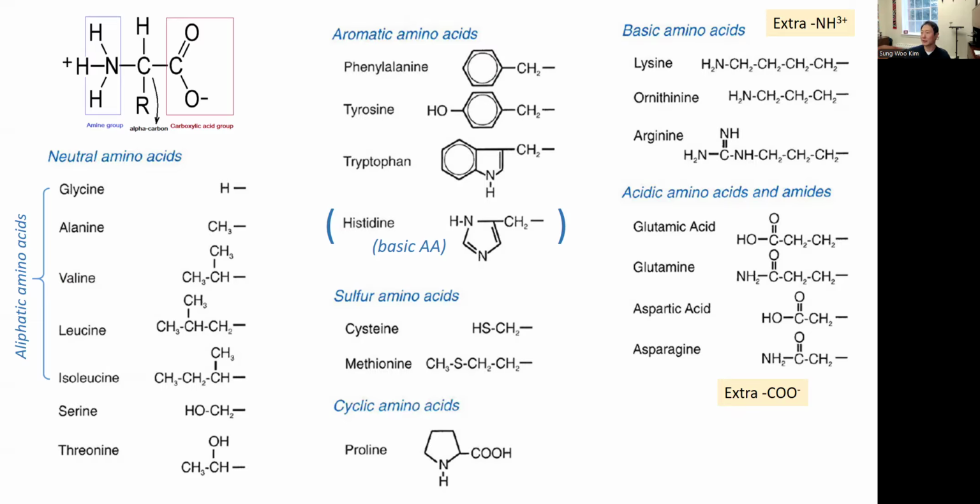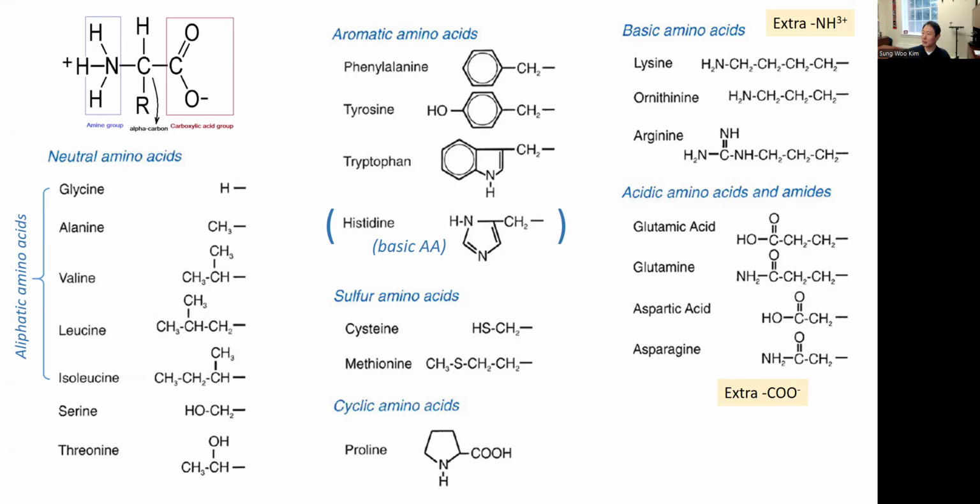We call that a basic amino acid or alkaline amino acids. Those are lysine, arginine, histidine, and also I can include a special amino acid called ornithine.